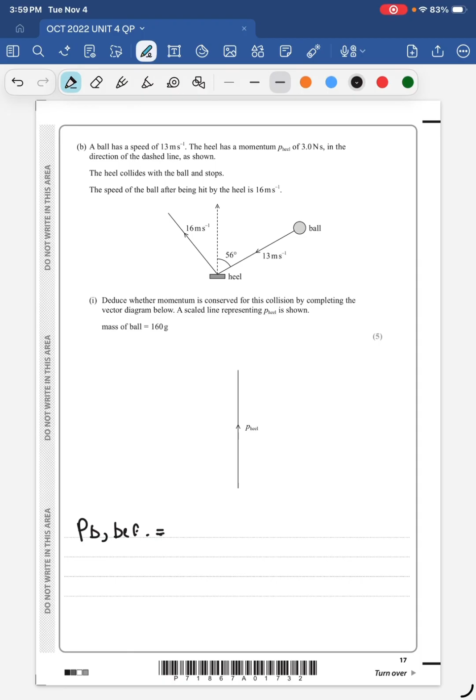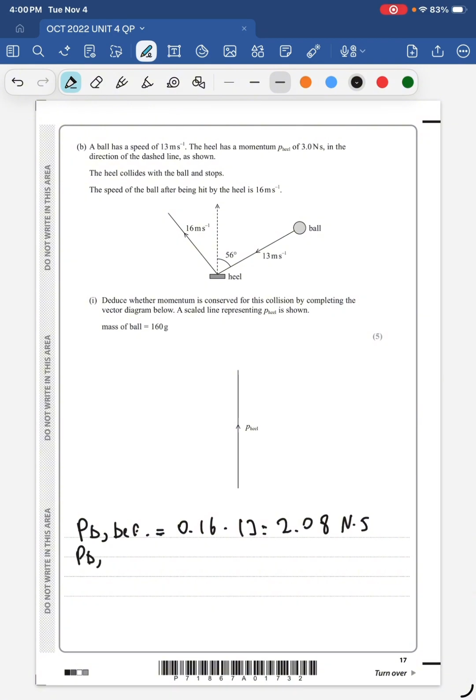And I'm not using arrows because we are talking about the magnitude. So that's m times v, so 0.16 kilograms times 13, which gives 2.08 newton seconds, okay?